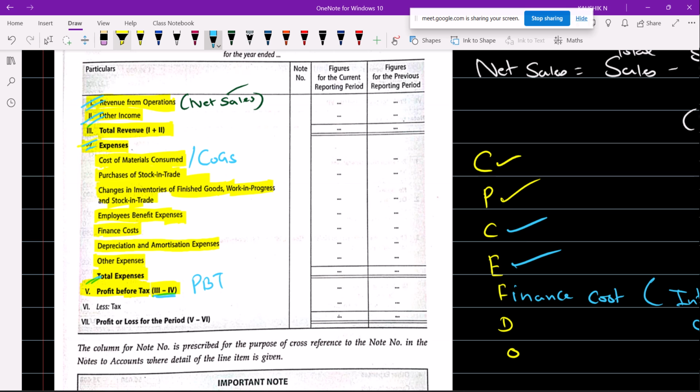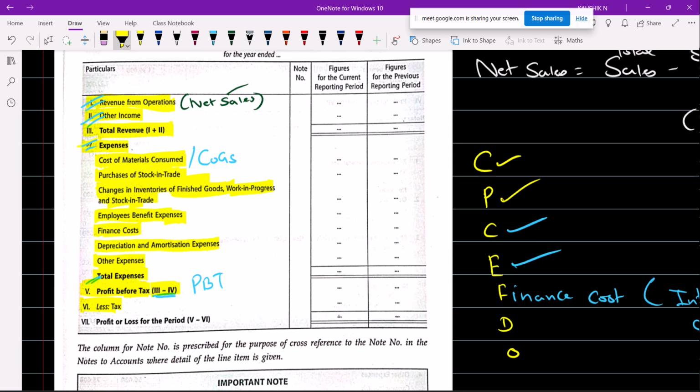And then once you know the tax value, you need to subtract the tax value from the profit before tax, if it is given in terms of value. If it is not given in terms of value, but in terms of percentage, then apply the respective percentage on the profit before tax and derive the amount of tax that needs to be subtracted.